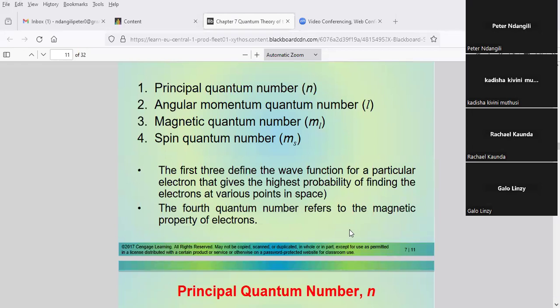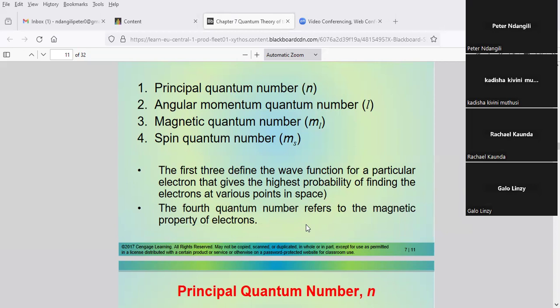That orientation is independent of the first three quantum numbers; it is not generated from them. That is why we say the first three quantum numbers define the wave function for a particular electron, which gives the highest probability of finding the electron at various points in space within an atom. The fourth quantum number just gives you the magnetic orientation of that particular electron.